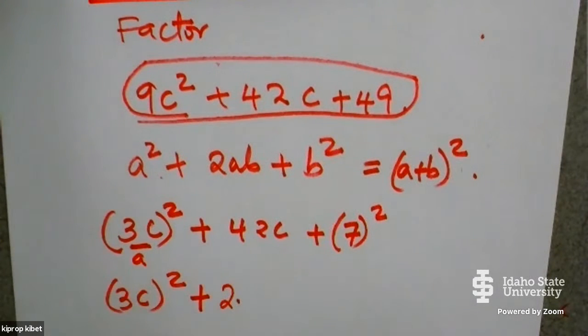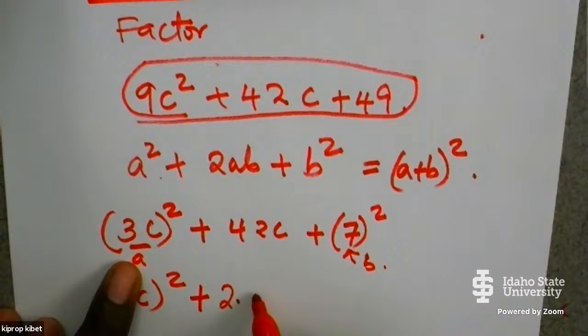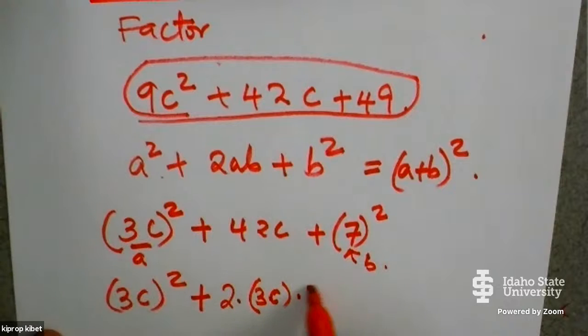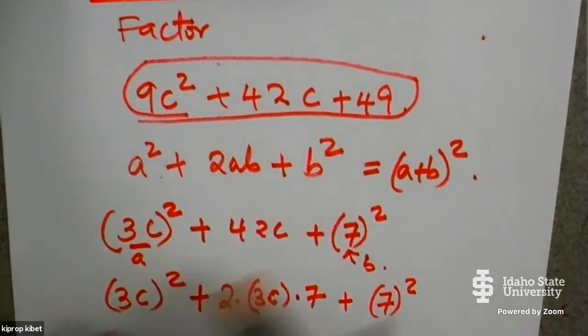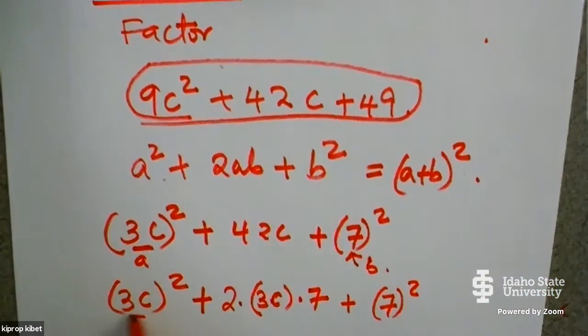This is a, and this one will be b. So our a would be 3c, and our b would be 7, and then square. So finally, to factor this, it will be a plus b.